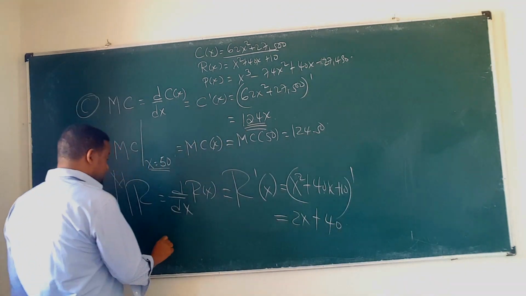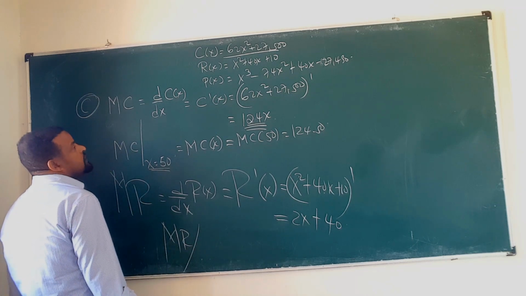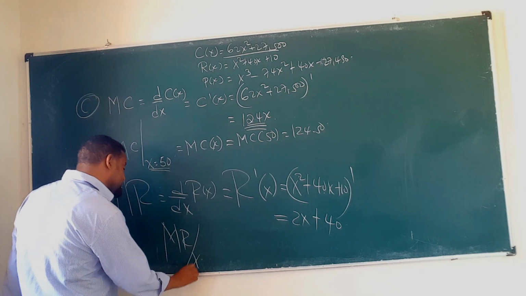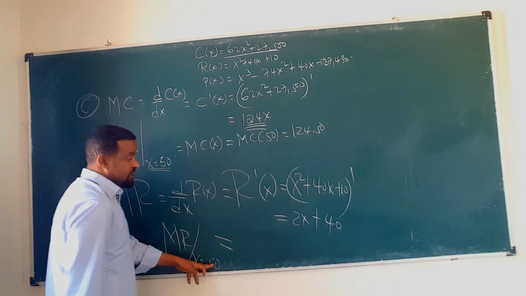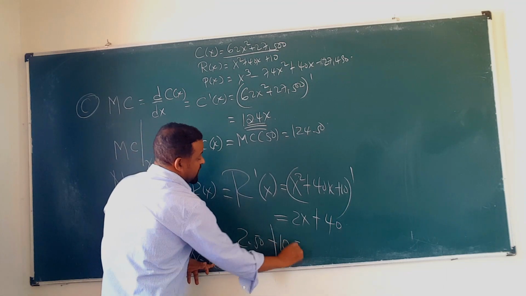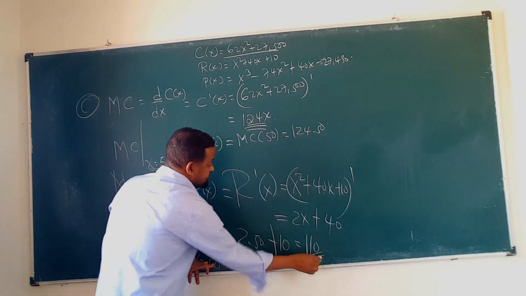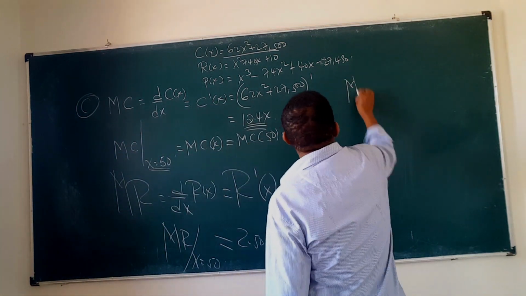So the marginal revenue of the production when 50 units are sold: 2 times 50 plus 10, which is 110.